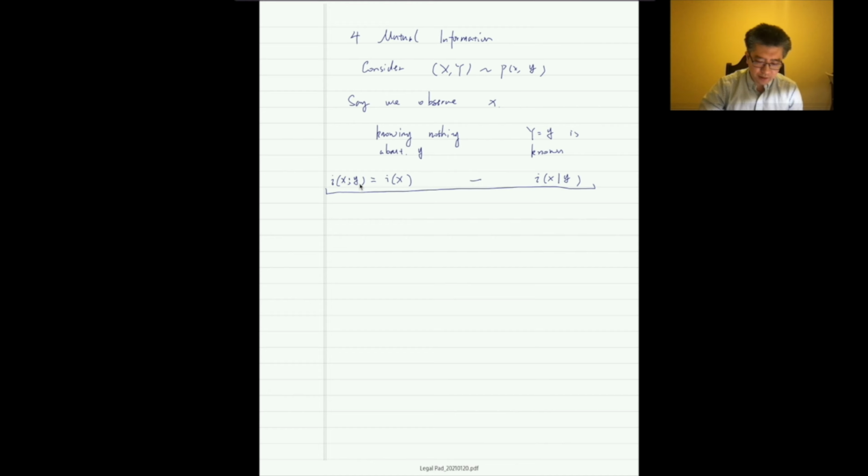Okay, and so we give a special name for this. Can you tell me what that is? Right, normally it's joint self-information, conditional entropy, joint entropy, conditional self-information.